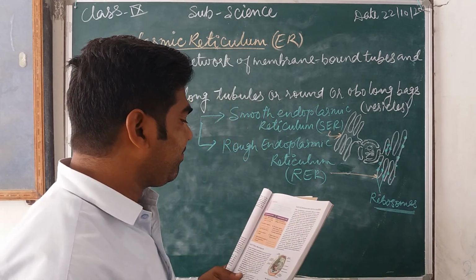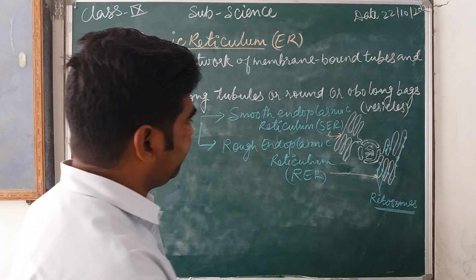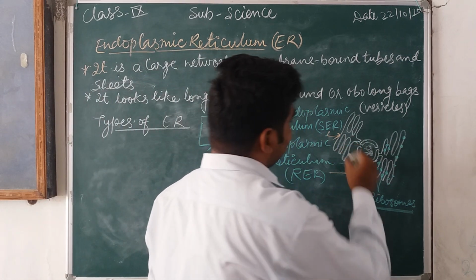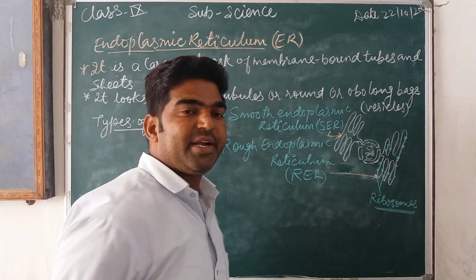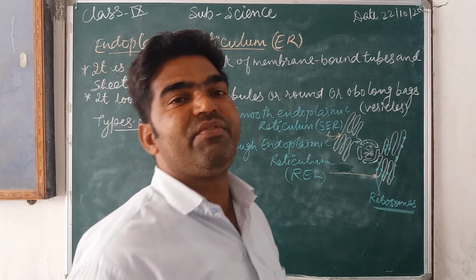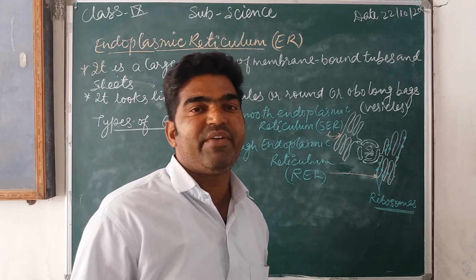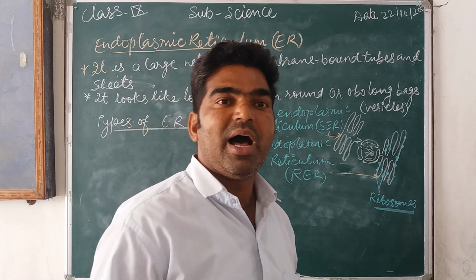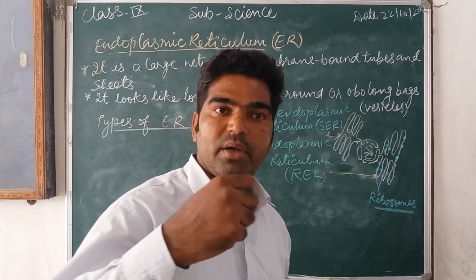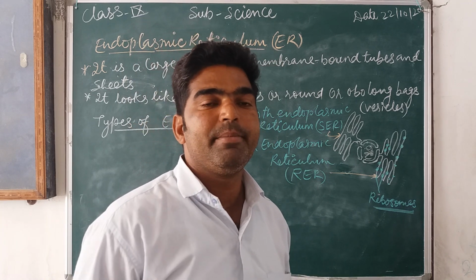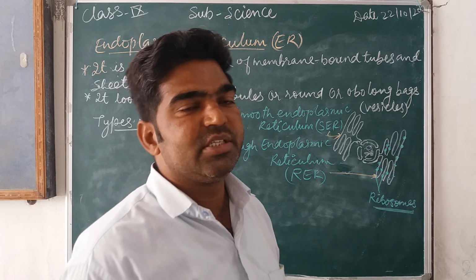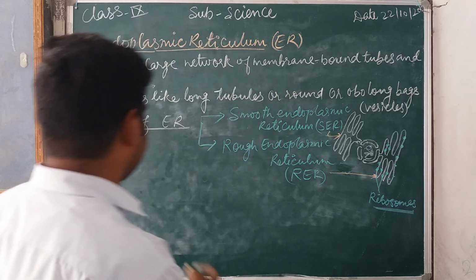Now, the smooth endoplasmic reticulum forms some proteins, fats and lipids. These molecules are used for the synthesis of a membrane, and that process is known as membrane biogenesis.